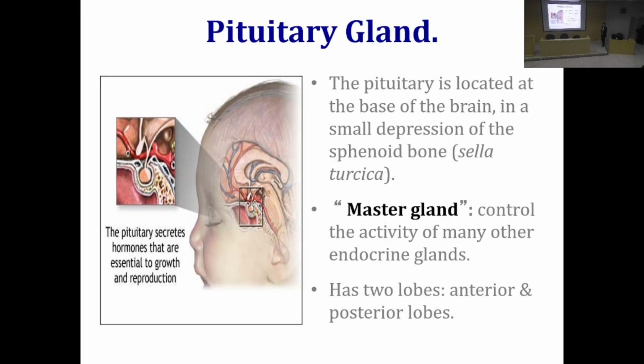I'd like to start by reminding you that the pituitary is a very important gland located at the base of the brain, and it is often referred to as the master gland, or sometimes you might hear the term maestro, because it so beautifully orchestrates all the other endocrine glands and all the other metabolic functions in the body.